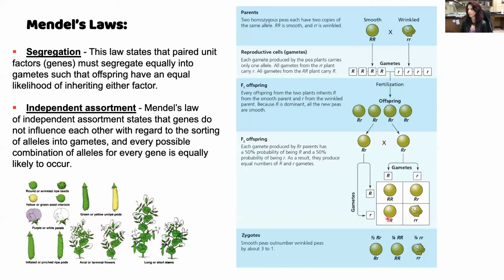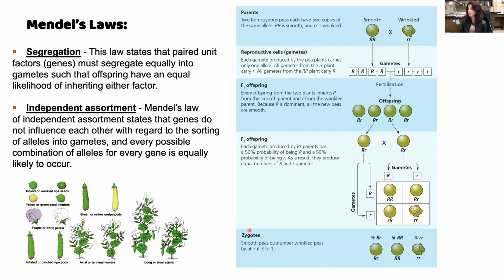Now finally, we have the cross between the two gametes with the recessive allele for wrinkleness, little r and little r. This results in homozygous recessive genotype, and the phenotype is wrinkled.